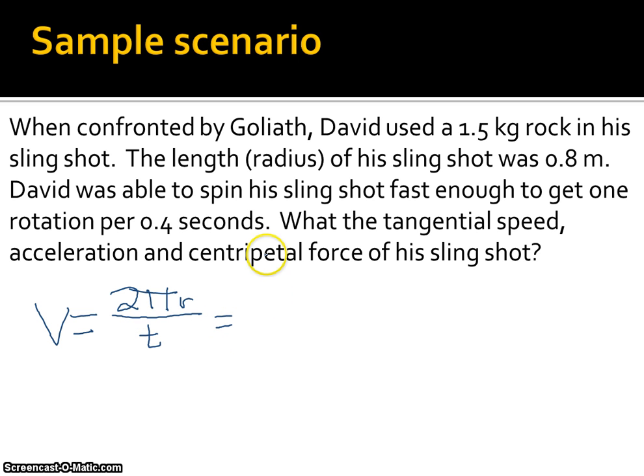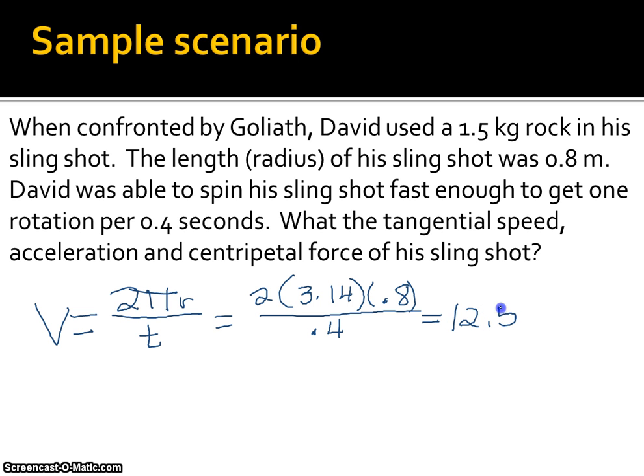So 2 times pi times the radius, which was 0.8 meters, and then we're going to divide that by the time of that rotation. And when we do that, we get 12.5 meters per second. So that's the tangential speed of the slingshot.